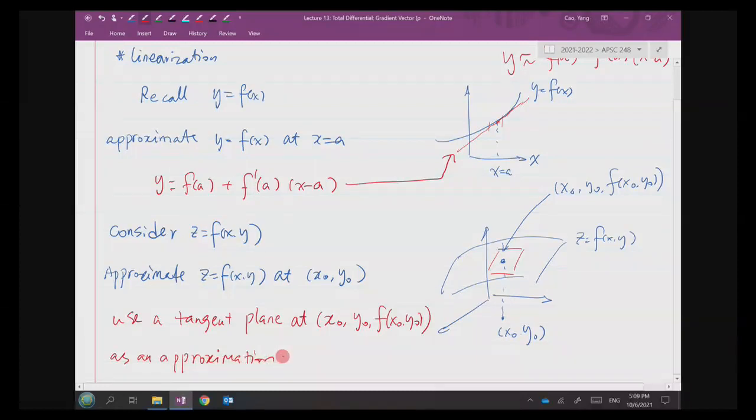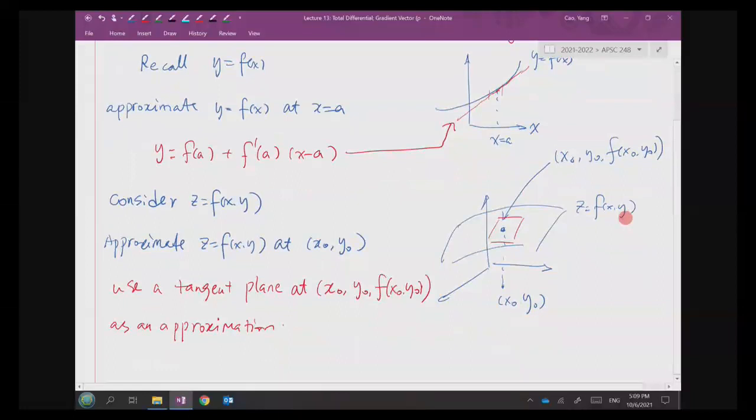So now the question is, what would be the plane? What does the plane look like? We actually have different ways to do that. In the future, we'll use a slightly different one to find a tangent plane to a surface at a certain point.